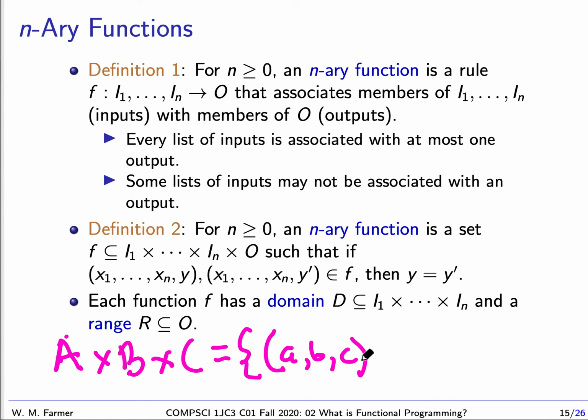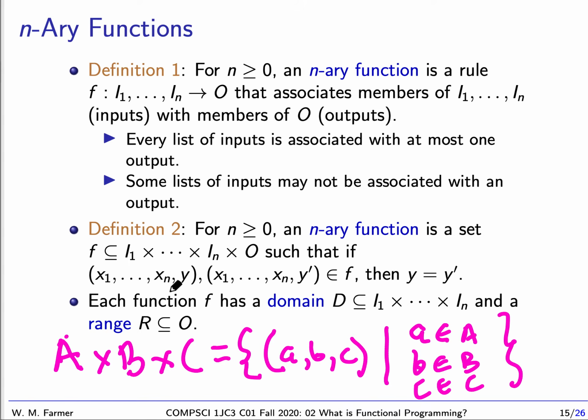A tuple here, in this particular case, is an ordered triple, where little a is in big A, little b is in big B, and little c is in big C. So that's what one of these Cartesian products is. A Cartesian product is a set of tuples.